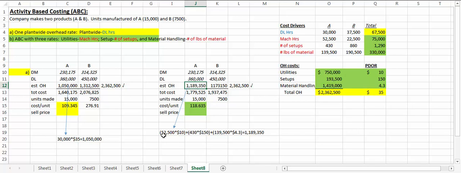So when I do that, for A we have 52,500 machine hours at $10, 430 setups at 150, and 139,500 at 4.3. So overall, I get a total cost of 1.8 million divided by 15,000 units, and I get a cost of 118 per unit.